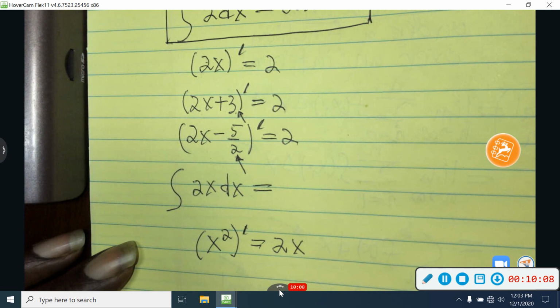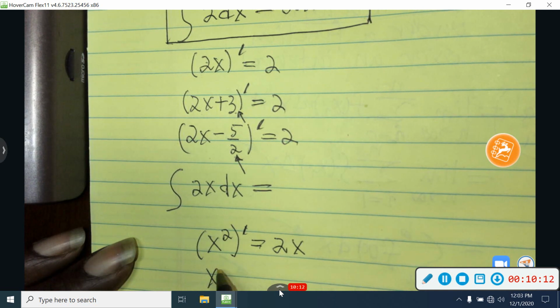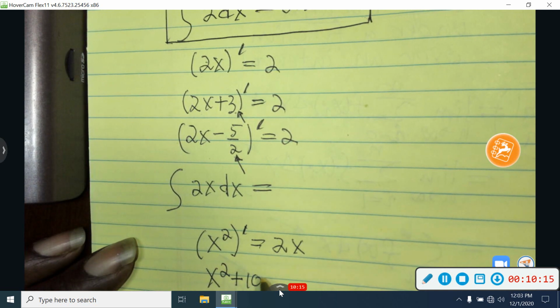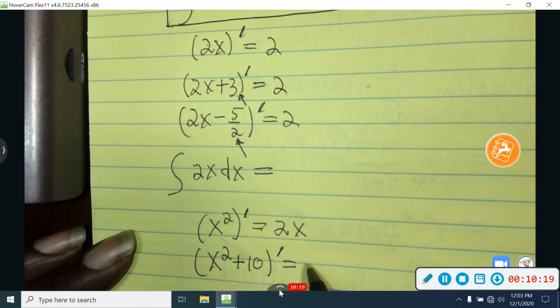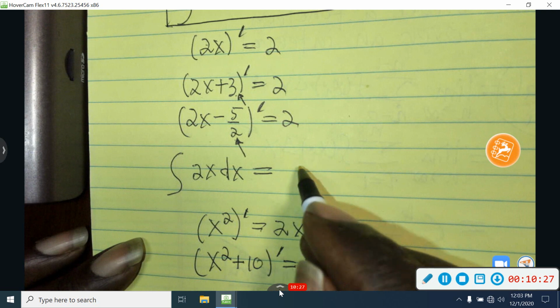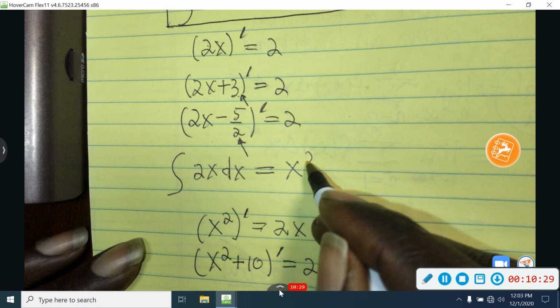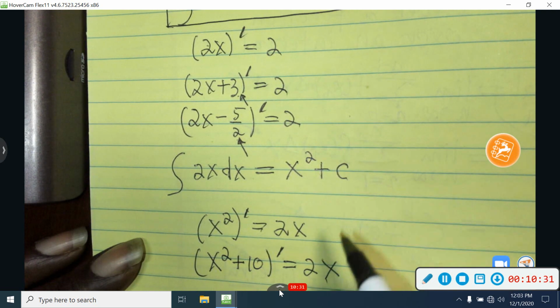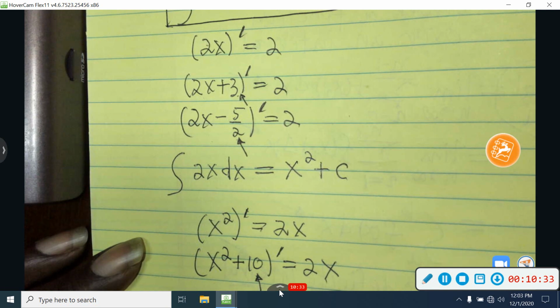So I guess the answer is x squared. Well, wait a minute. When we take the derivative of x squared plus 10, we also get 2x. So you can see the most general function that differentiates to be 2x is x squared plus some random constant. Like here it was 10.